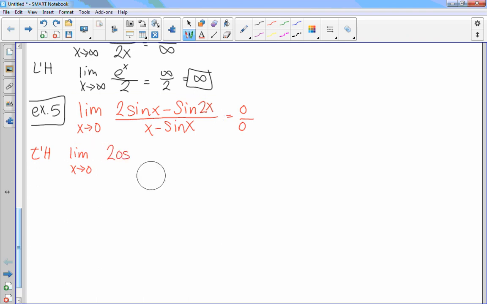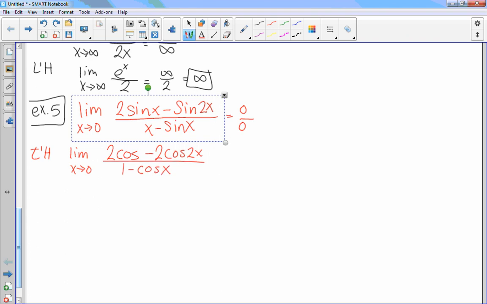Oops, I forgot to see. Okay. The derivative is negative sine 2x, because this 2 comes from the derivative of the inside, multiplying it, over 1 minus cosine x.